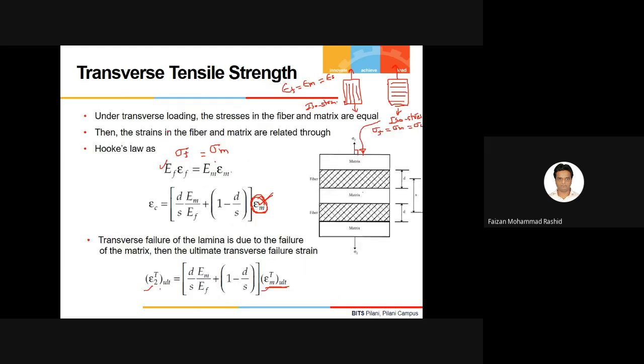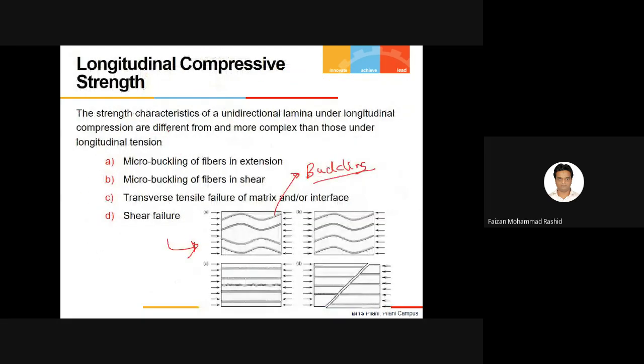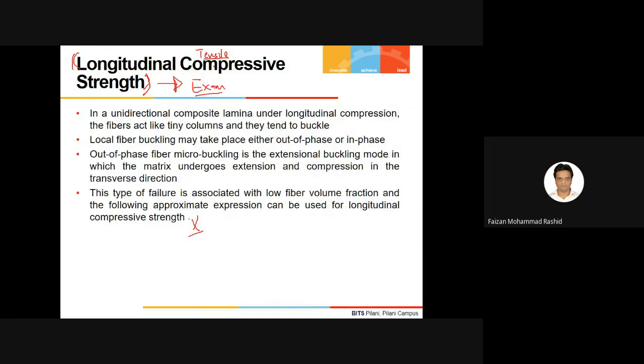So this was okay. We can work on this one. Few problems on exams also, because here handy equations are there. But don't look into anything where you have longitudinal compressive strength. In terms of longitudinal compressive strength, the things are not that much. When I look into the different literatures, I found that many different expressions are there.